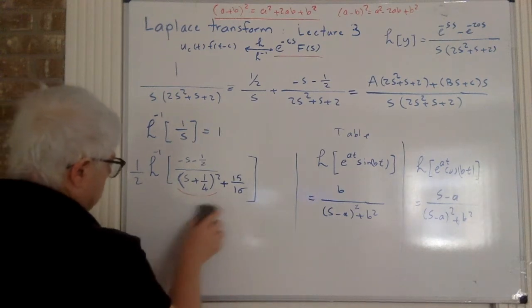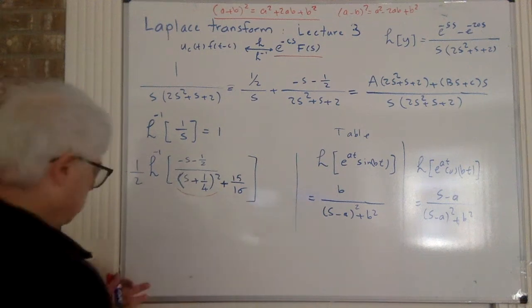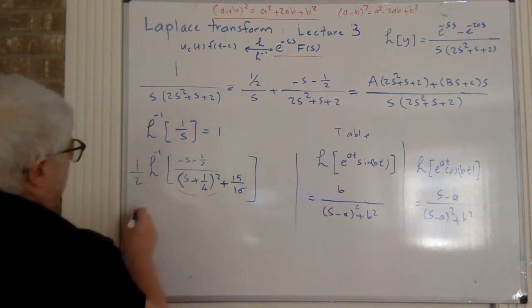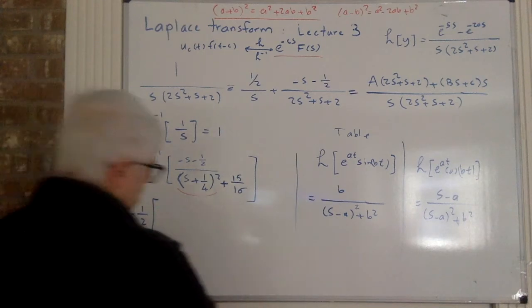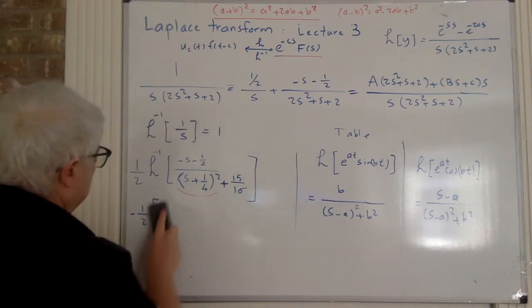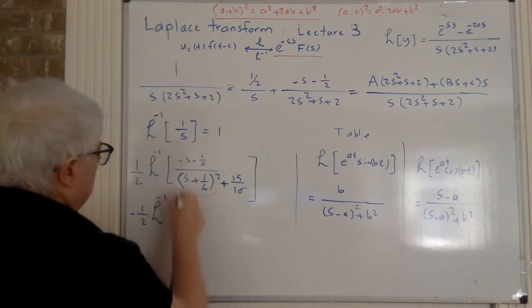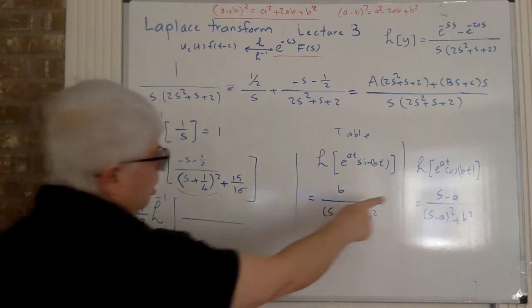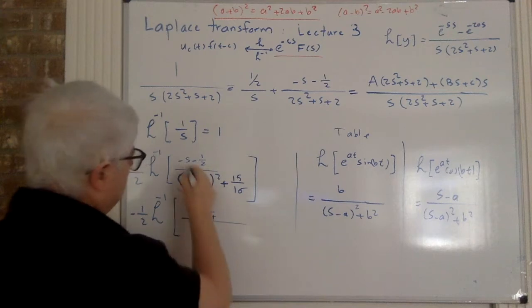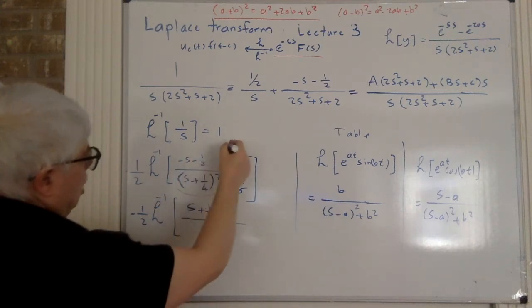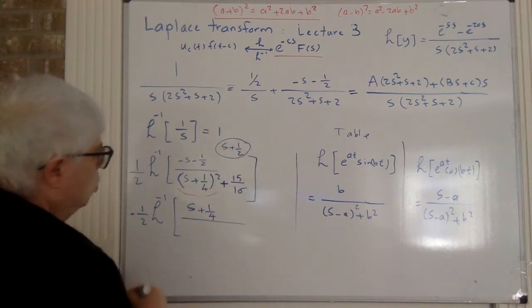Okay, let me erase this. First of all, I can get rid of this minus sign because everything seems to be positive, so I write the minus outside. I need s minus a, so that's s plus 1/4. When I get rid of the minus, I have s plus 1/2, right? So let's see what I can get.